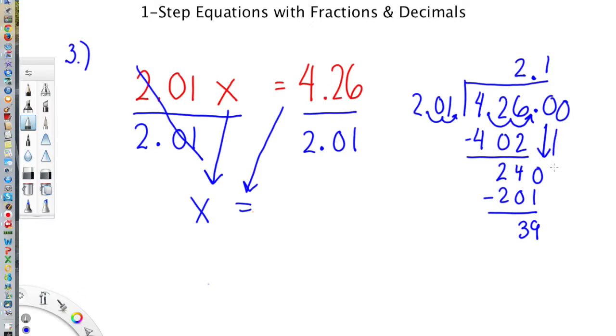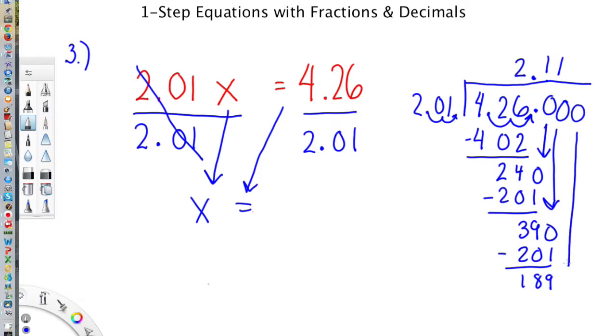Need to bring down another 0, and 201 will only go into 390 one time. Close to two more, but not quite. So we are going to multiply that, and then we subtract, and I will get 189. I will bring down the 0 one more time, and I'm stopping here.